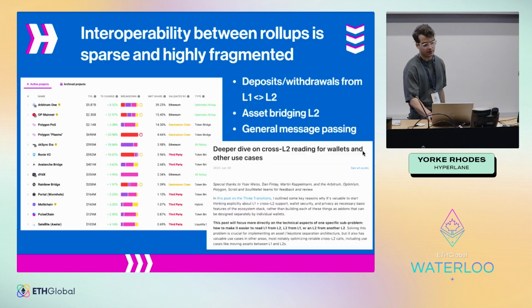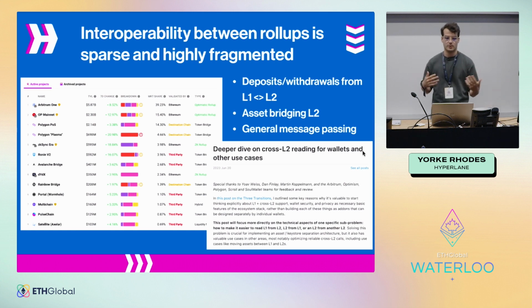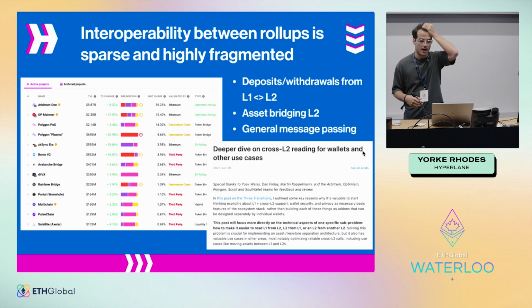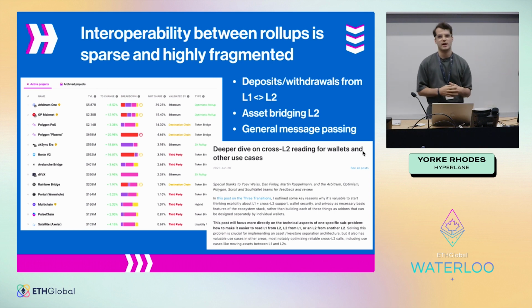So, if we have all these rollups that have different security properties, the 3 examples we can work with in our head are Arbitrum, Optimism, and ZK Sync. All of these rollups have very different security stories, like when you can view them as settled, what the finality looks like, can you use soft confirmations, etc. And as an application developer, you shouldn't have to think about that or custom integrate that.